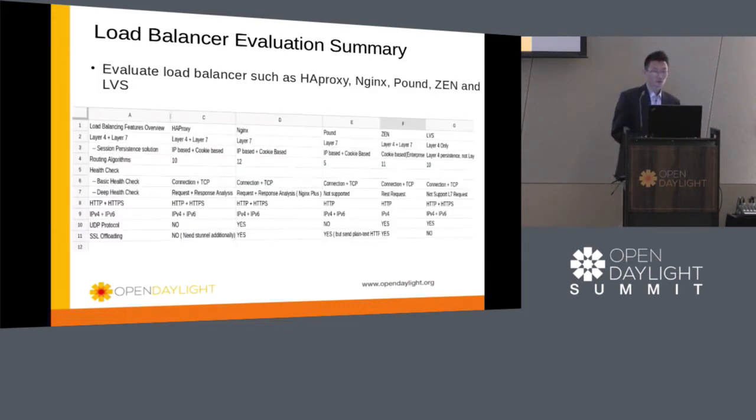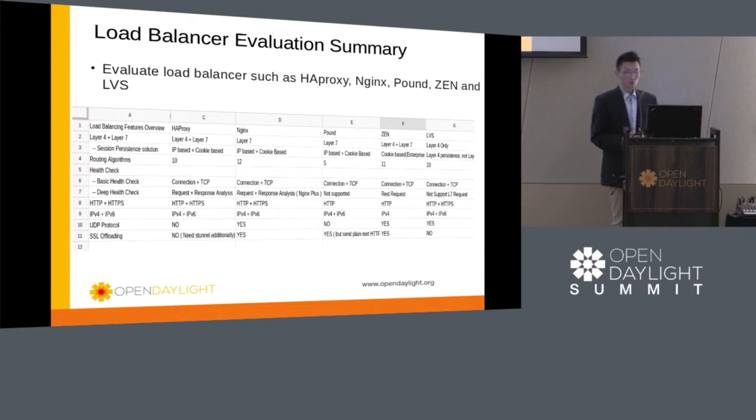Because we have every detail for the metrics in Excel form, but here, because of limited page space, I just want to give a brief summary for the load balancers we evaluated. We evaluated HAProxy, Nginx, the Pound load balancer, the Zen load balancer, and the LVS load balancer.